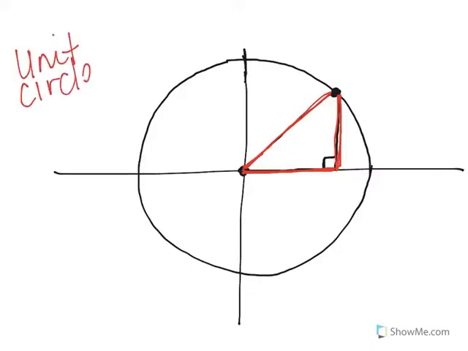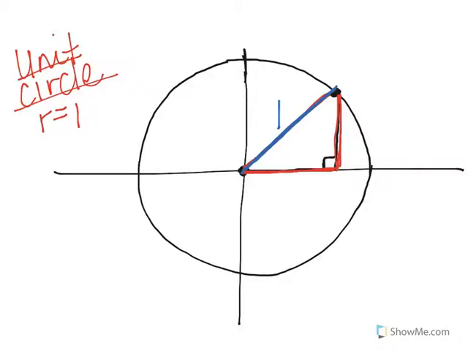If I'm telling you that this does represent the diagram of the unit circle where the radius is 1, isn't the hypotenuse of this right triangle considered the radius of this circle? So we actually do know that the length of that side is 1.